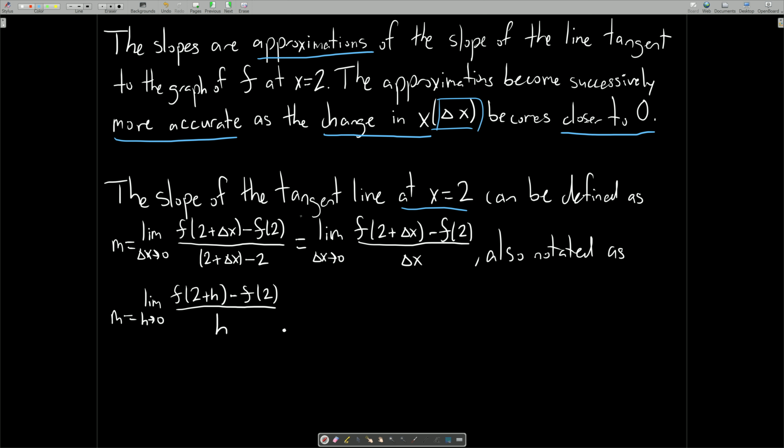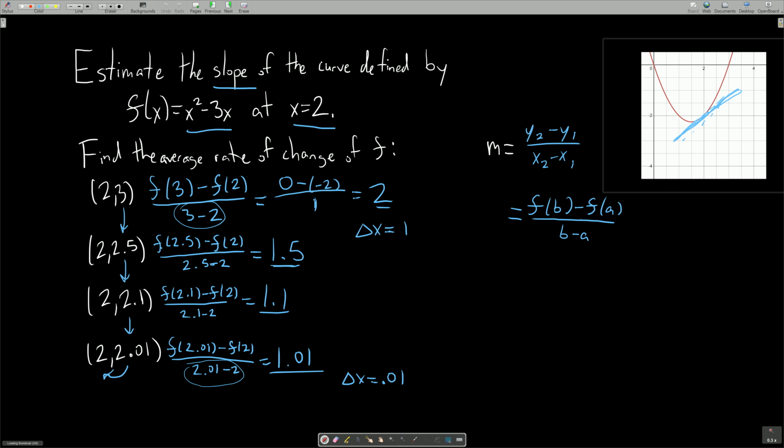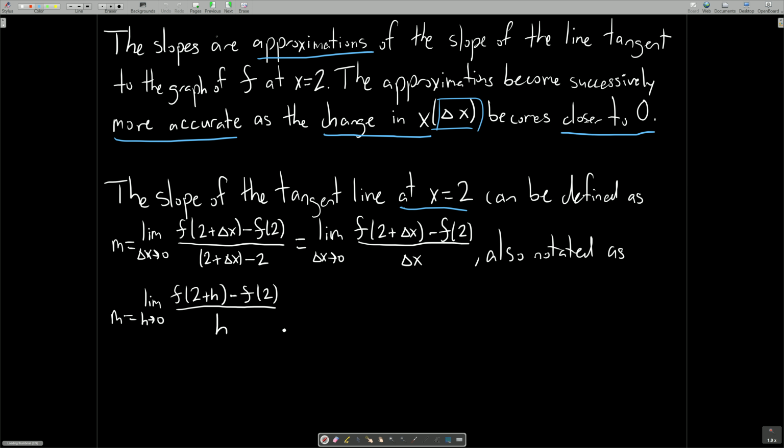The 2 here is your a value, and 2 plus delta x is your b value. Notice how it looks similar to this. Because we get positive 2 and the negative 2, they'll cancel out, so a better way to write this is f of 2 plus delta x minus f of 2 over delta x.